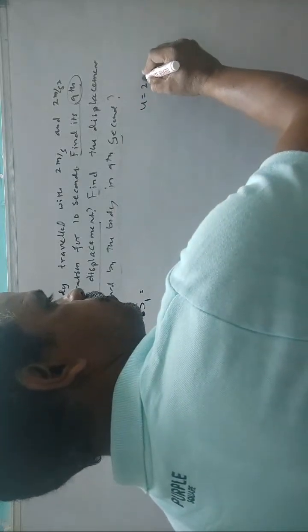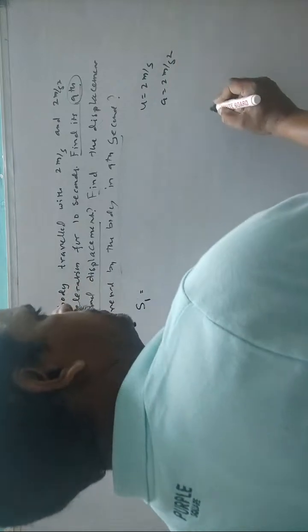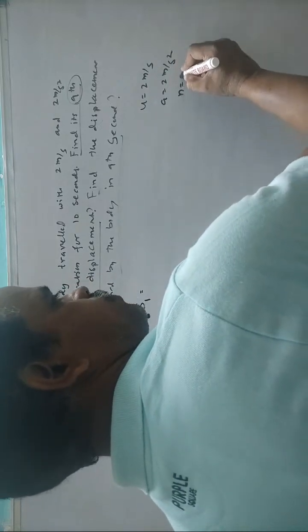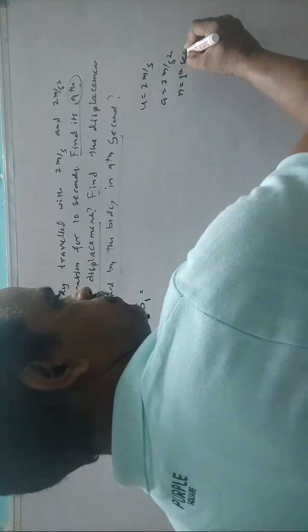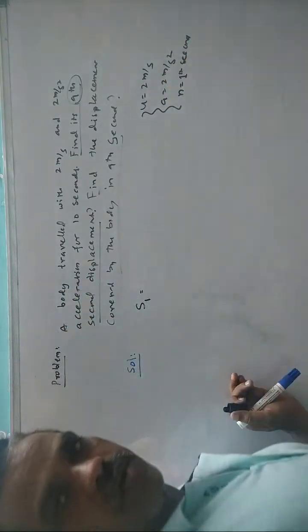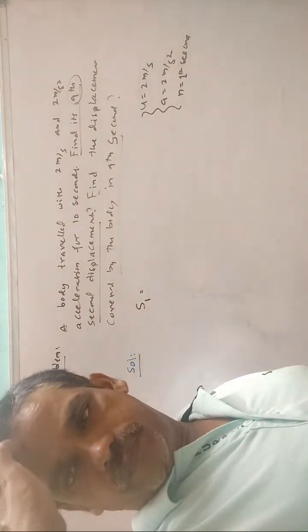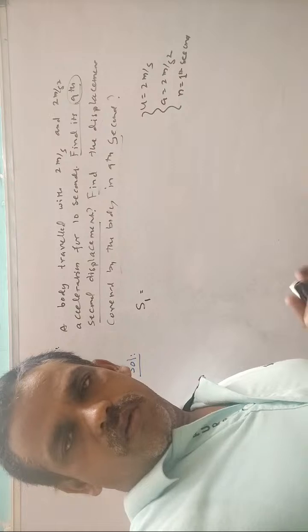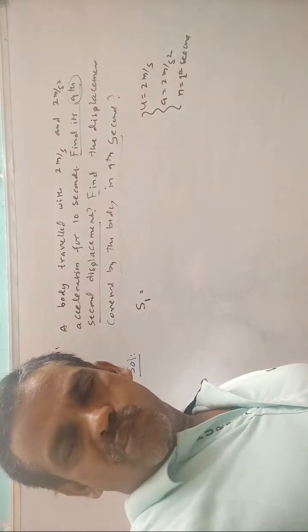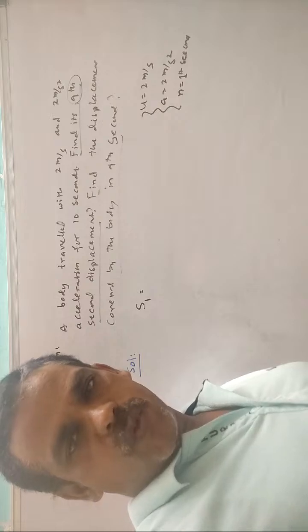So here u equal to 2 meter per second, a equal to 2 meter per second square. So take n equal to 1, first second. This is the information. Just calculate and tell me the answer first. Do it and give me the answer.